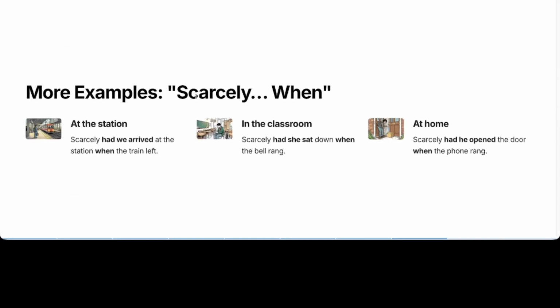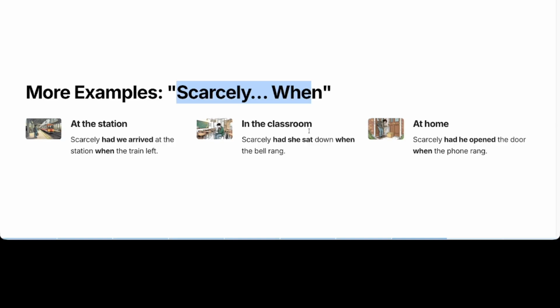More examples related to scarcely and when. At the station, scarcely had we arrived at the station when the train left. So scarcely is followed by when, and the inversion rule is applied here: verb followed by subject.